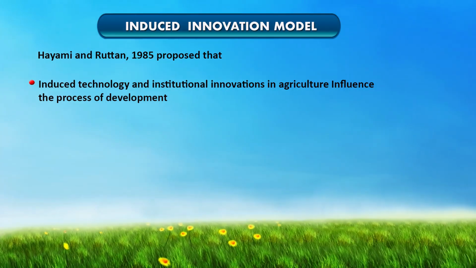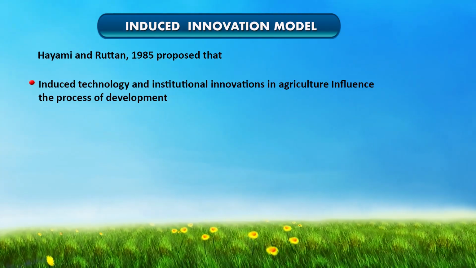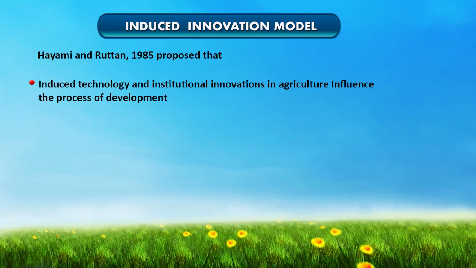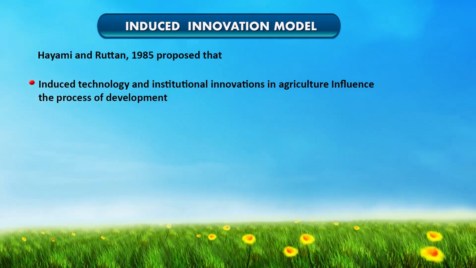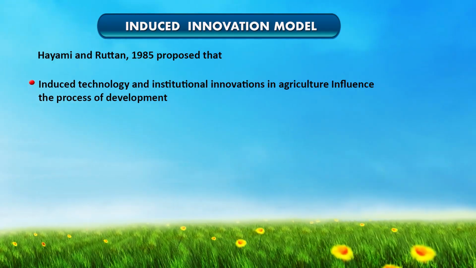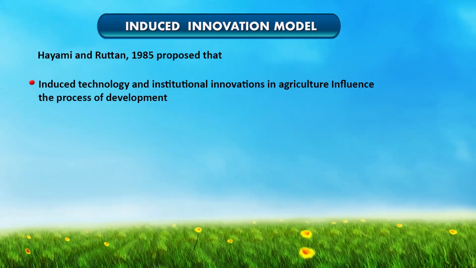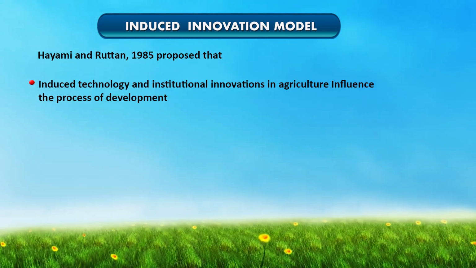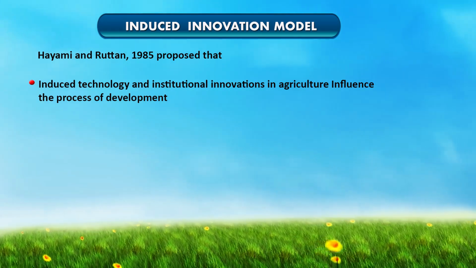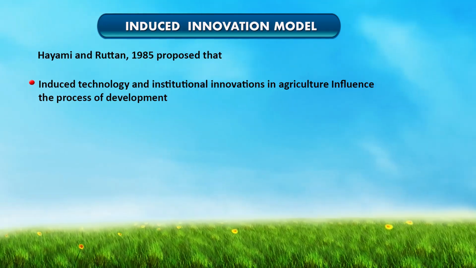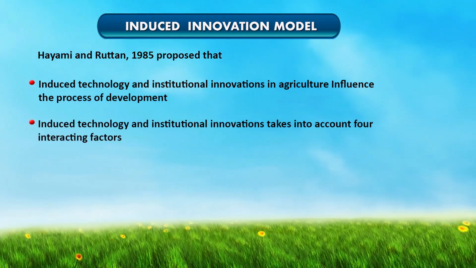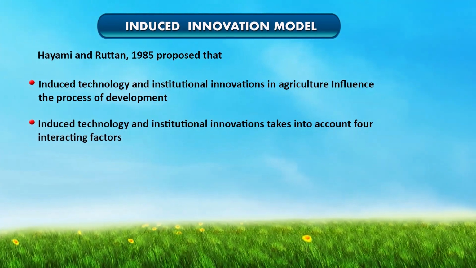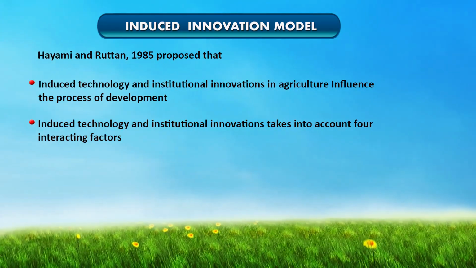Then another important model is the induced innovation model, and here Hayami and Ruttan in 1985 proposed that induced technology and institutional innovation in agriculture influence the process of development. So basically Hayami and Ruttan explain the role of technology and institutional development in the process of agriculture development.